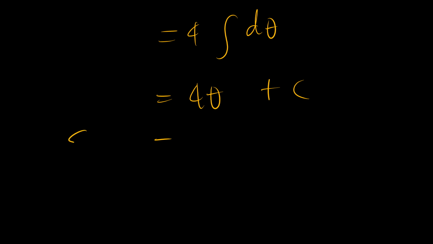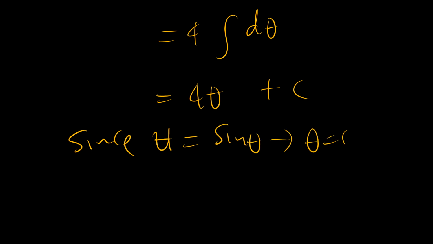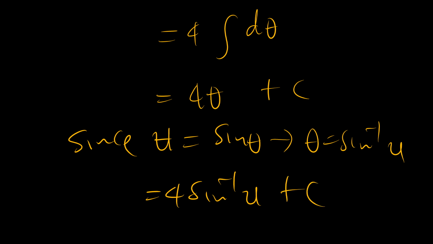And since u was set to sine theta, that means that theta is equal to arc sine of u, so our problem becomes 4 arc sine of u plus c.